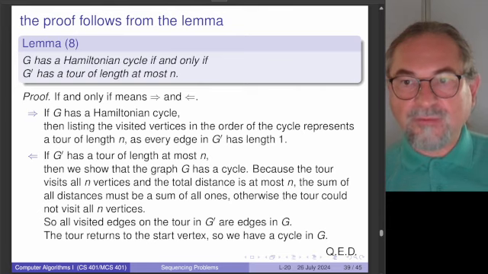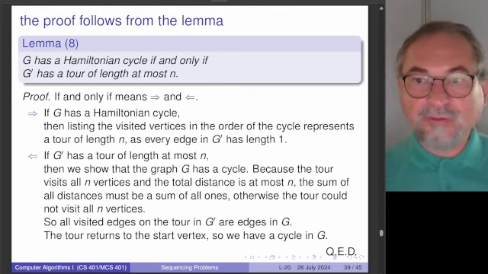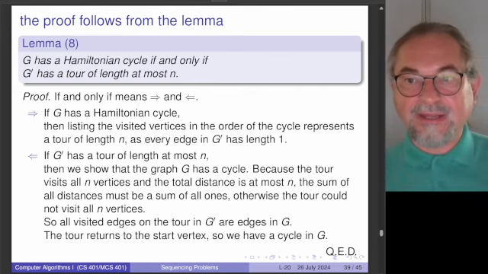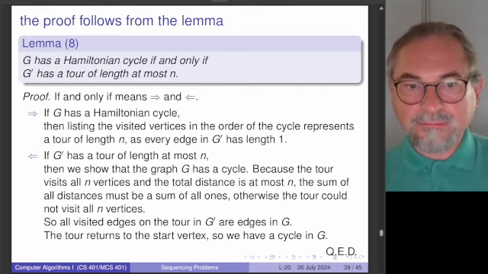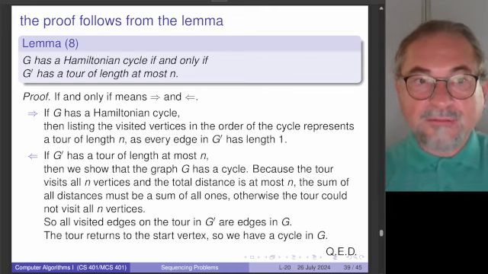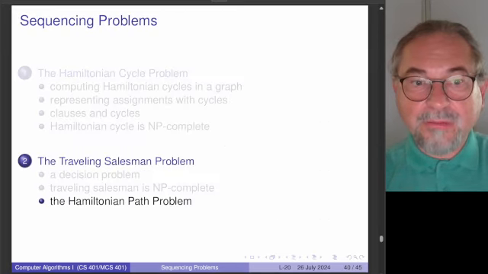So we have visited only those edges that were already in the original graph. Therefore, we do have a cycle in the original graph. That's it. So there is an equivalence between the problems.